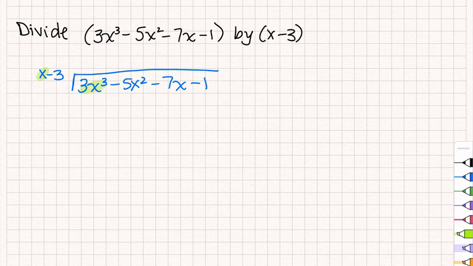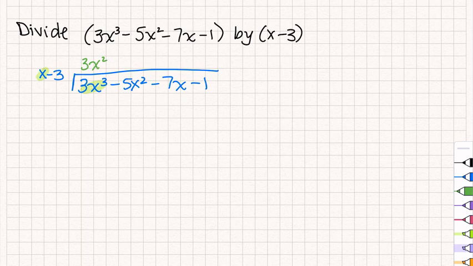What do I have to multiply x by to get 3x cubed? Well, the answer would be 3x squared, so we're going to write that up top.